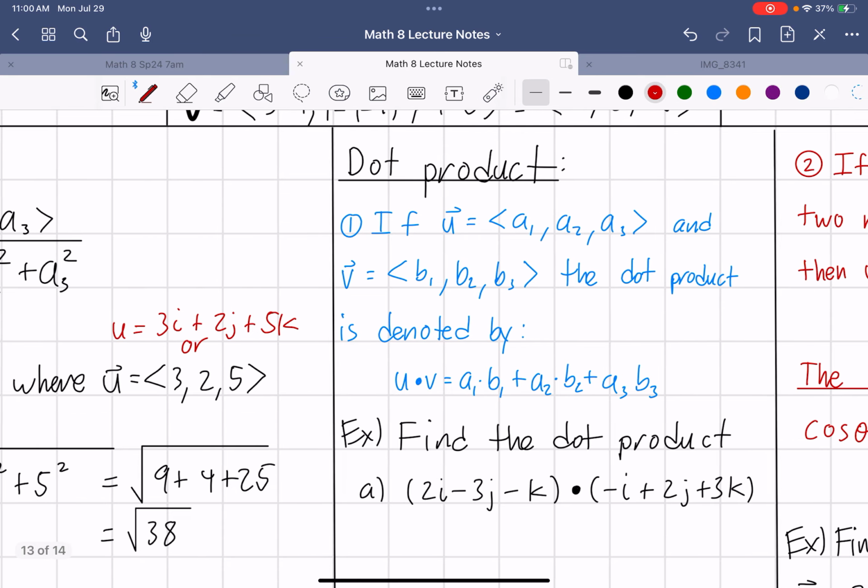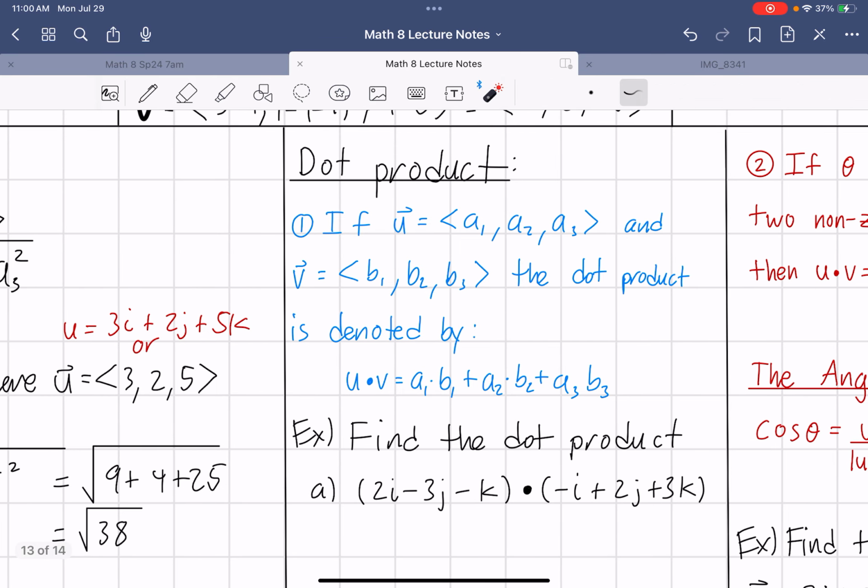And then we have the dot product again, which we just went over. All we have is, again, one more additional component. So there's not a lot to this. It's just that one extra component.